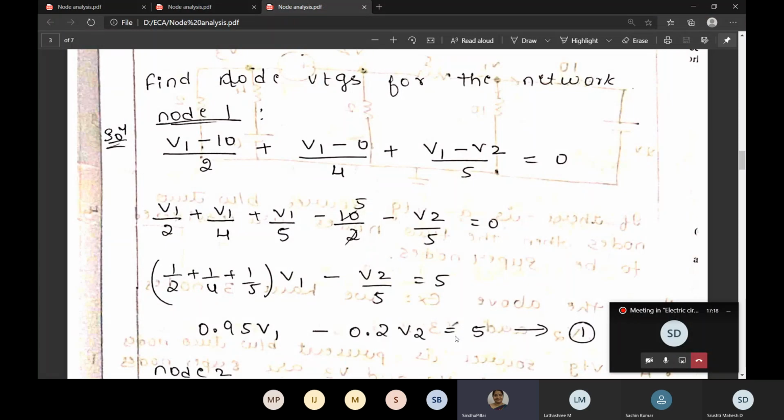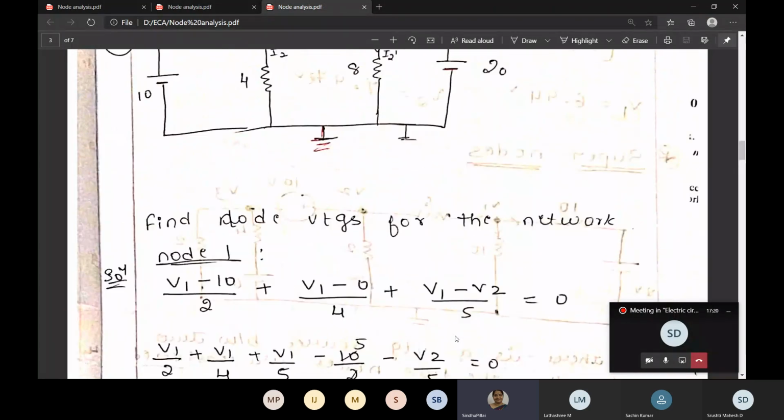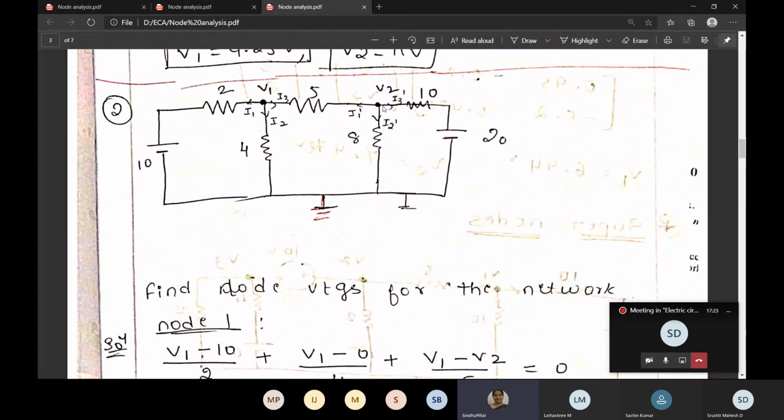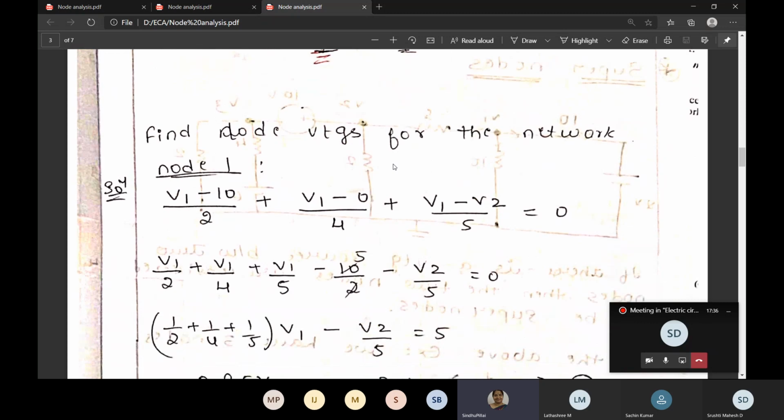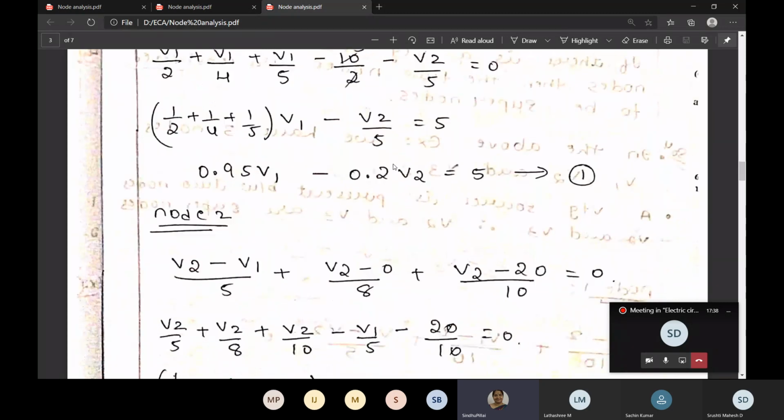Separate the V1 terms and V2 terms separately. Next, what will the node 2 equation be? It is (V2 minus 20) divided by 10, plus (V2 minus 0) divided by 8, and (V2 minus V1) divided by 5. That is the node 2 equation.